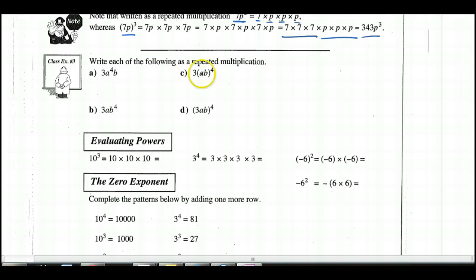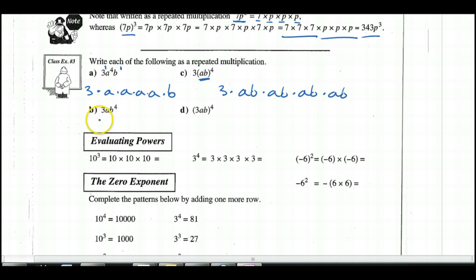So write each of the following as a repeated multiplication. Let's really be careful here how we do this. In this case, the 3 is by itself. If there is no exponent, it's assumed that it's a 1. So really 3 to the 1 is just 3. So 3 times A times A times A times A times B. In this case it would be 3 times AB times AB times AB times AB, because both the A and B are in the brackets.